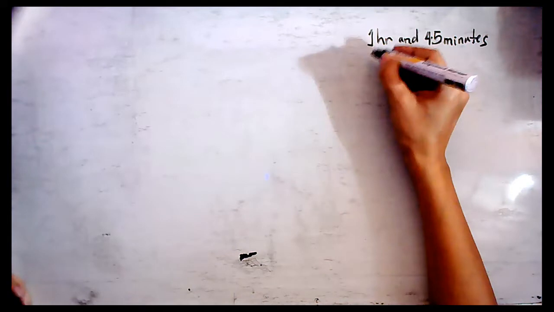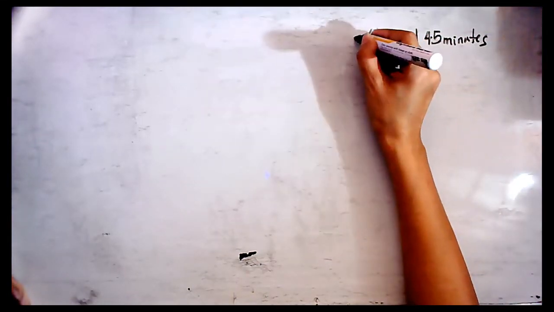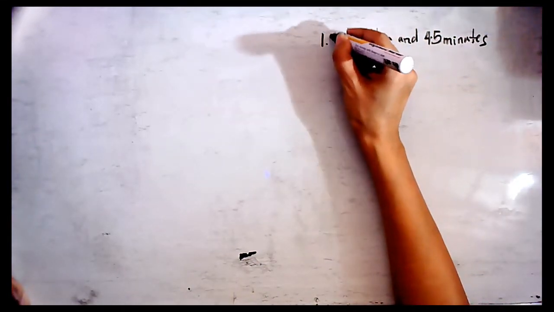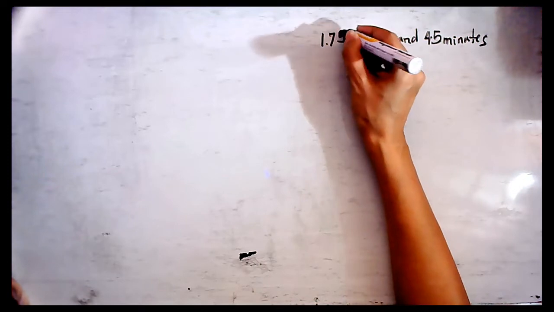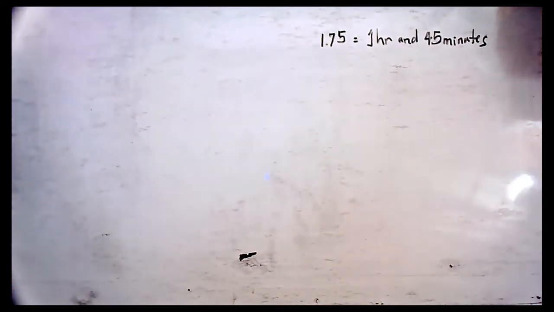Okay, so 1 hour and 45 minutes is equivalent to 1.75 hours. And that is if the airplane will be traveling against the wind.